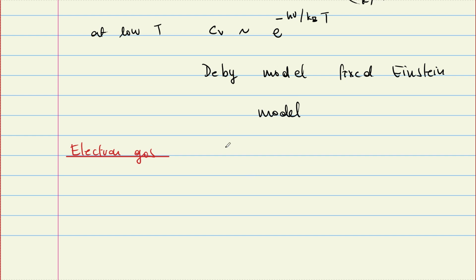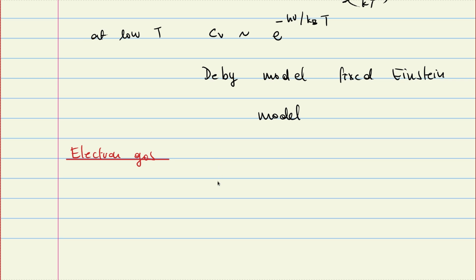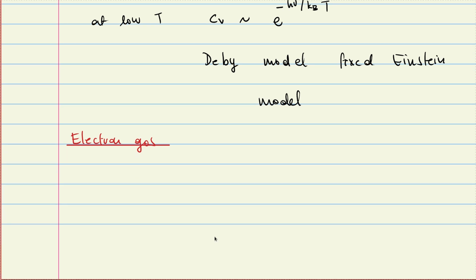Because we are talking about specific heat, in the case of diamond we don't need to consider this, since diamond is an insulator and you don't have free electrons inside it. But if you do the specific heat measurement with a metal, there are crystal vibrations because of the crystal lattice, but there are also free electrons. That's what metals are by definition. Then you also need to calculate the contribution of free electrons to specific heat.